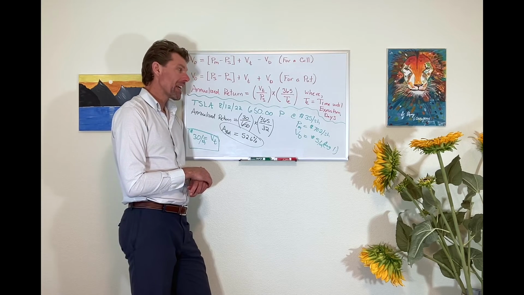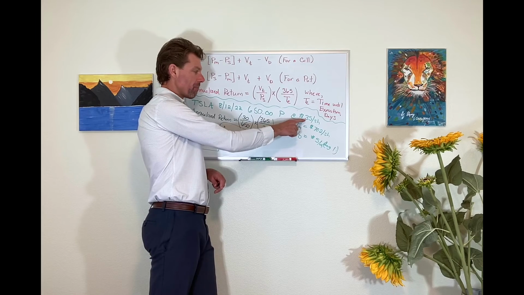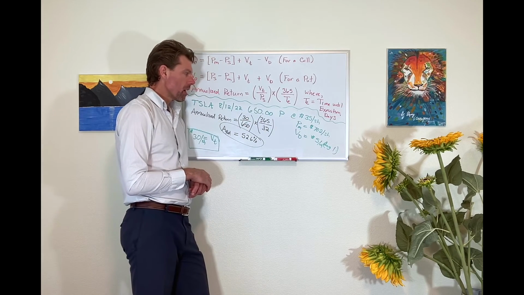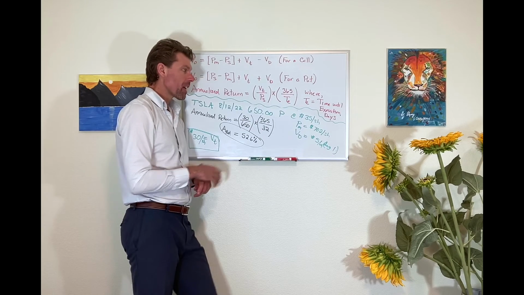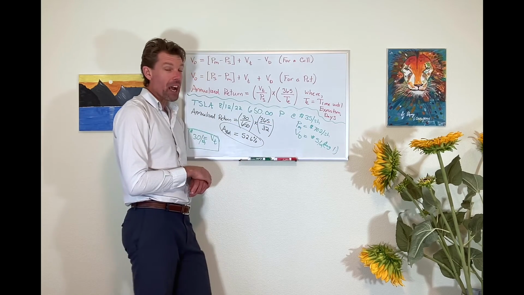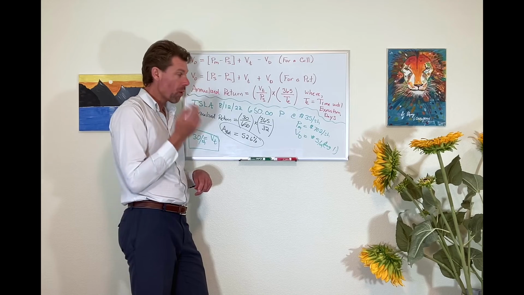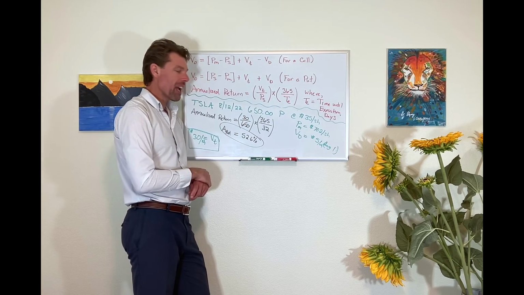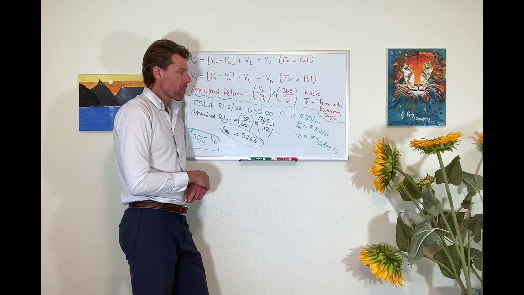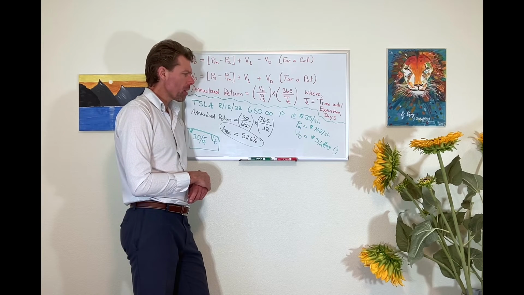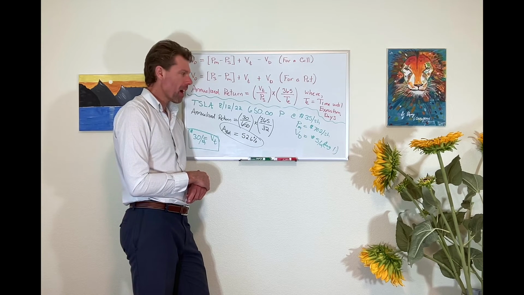Matter of fact, he has to see it go less than $615 a share, because he paid $35 a share for the right to sell at $650. And you say, well, why does it have to fall all the way down to $615 before he makes a profit?